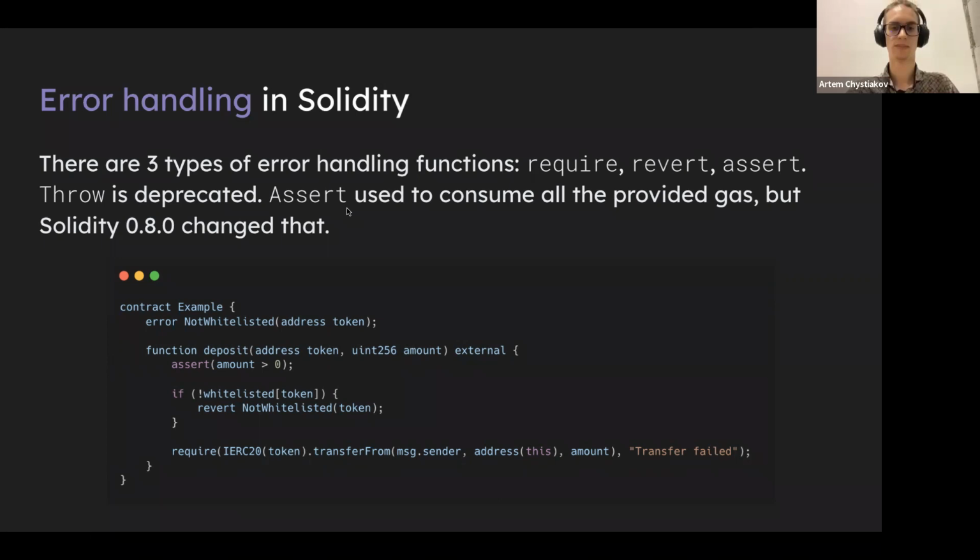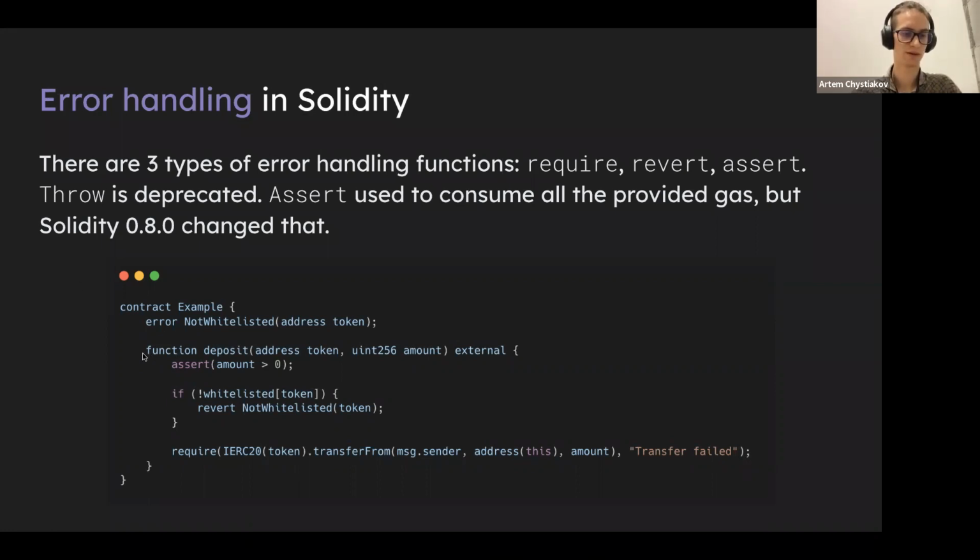Also, assert used to consume all the provided gas of the transaction, but in Solidity 0.8.0 this was changed. Right now, assert doesn't consume the whole supplied gas. It works like a revert, but a bit differently. I will also talk about it on the next slide.